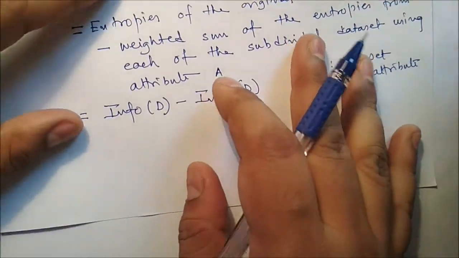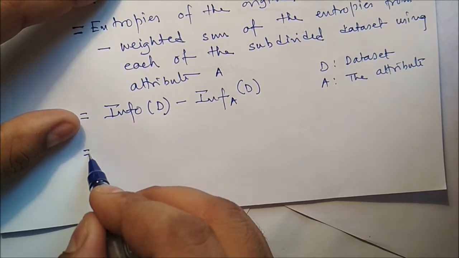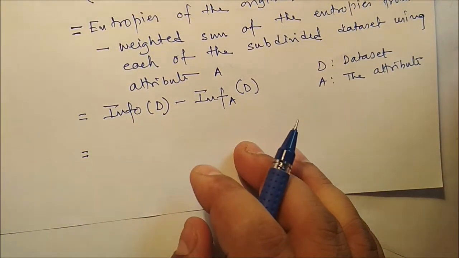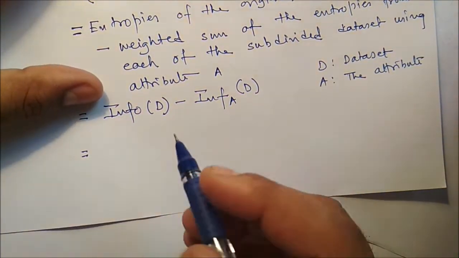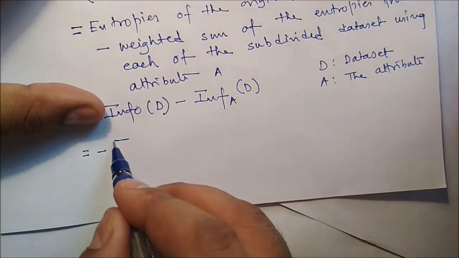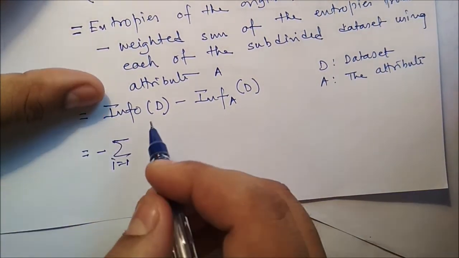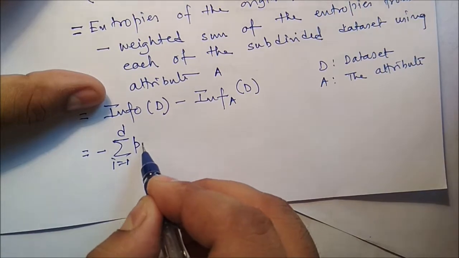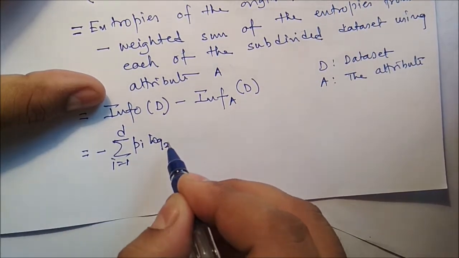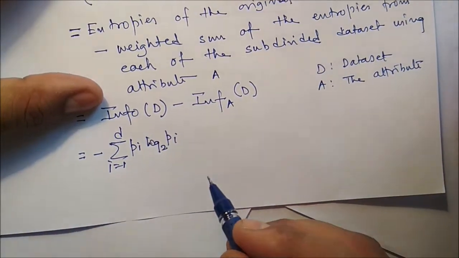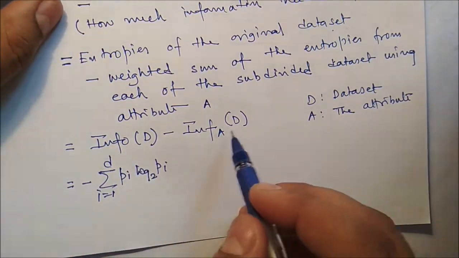So what is Info(D)? Info(D) is the entropy of the original data set. How do we calculate it? It is minus the summation from i equal to 1 to d of pi log pi base 2. And what is Info_A(D)?